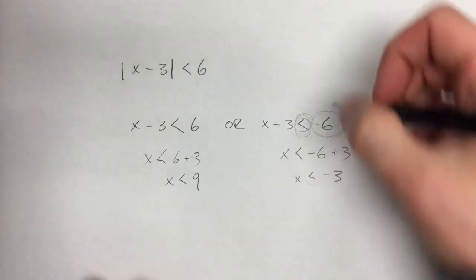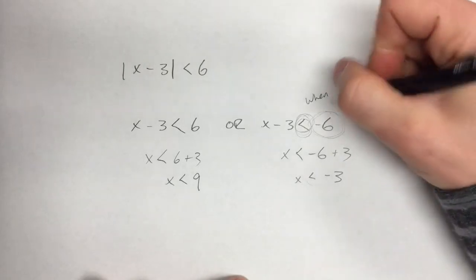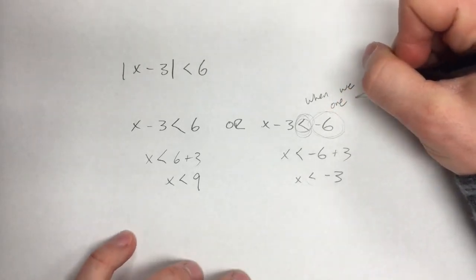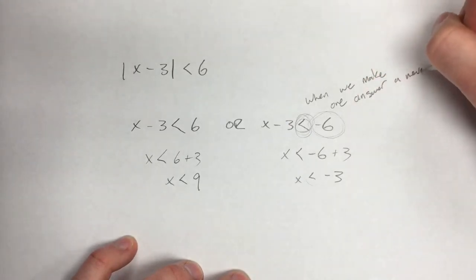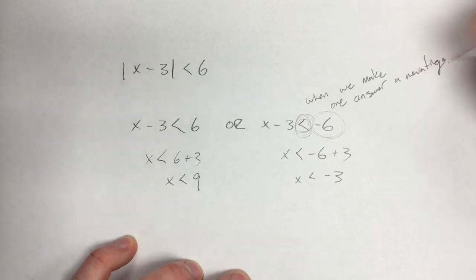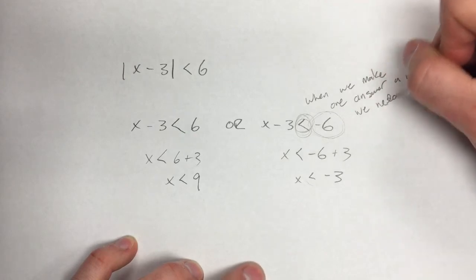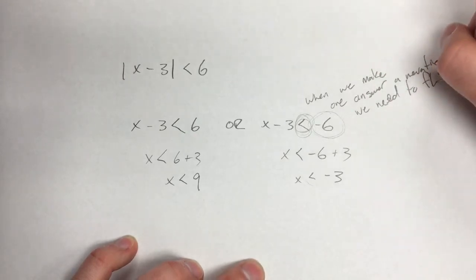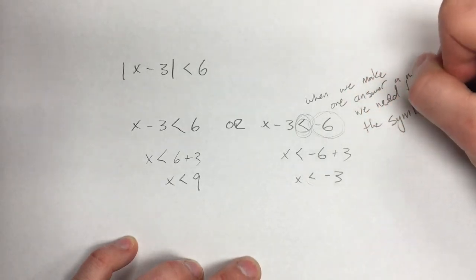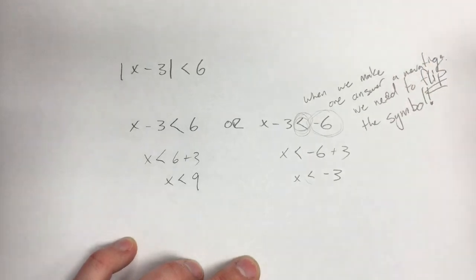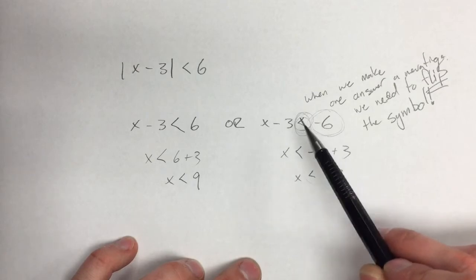Whenever we make the answer a negative in an inequality, we need to flip the inequality symbol.